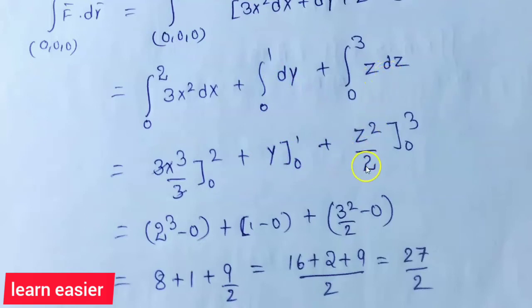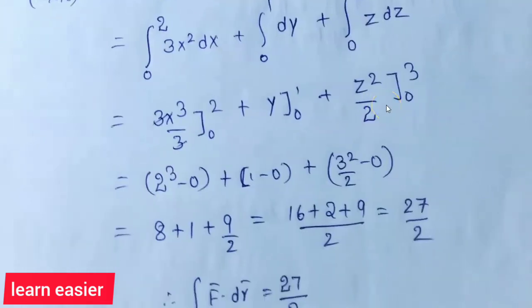Here z power n with n equal to 1 gives z power 1 plus 1 by 1 plus 1, which is z square by 2, from 0 to 3.